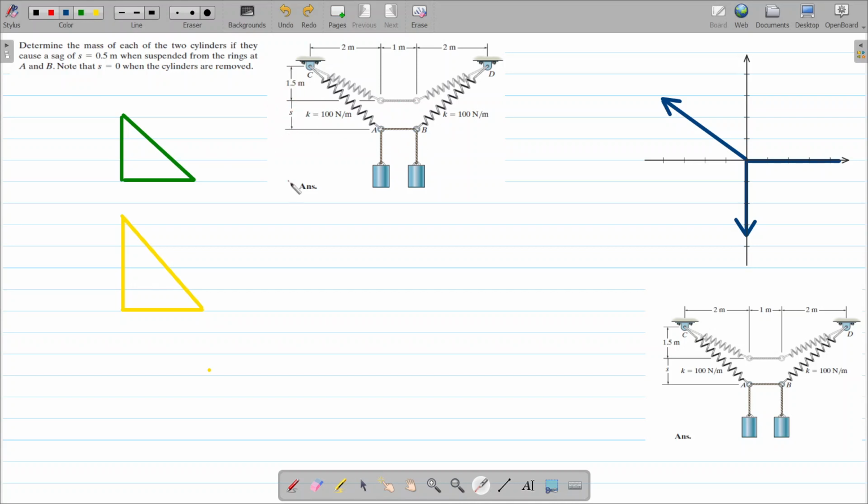Okay, so we know the initial condition: from A, from this point, this is also A, to C is nothing but the hypotenuse length. And we also know that from this point to this point the length is 2 meters, and from this point to this point the length is 1.5 meters.